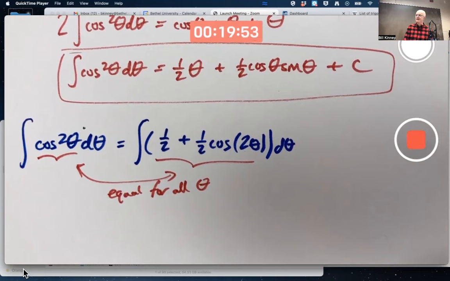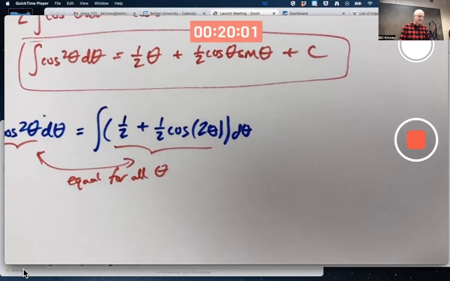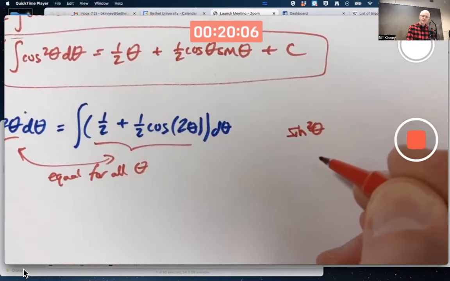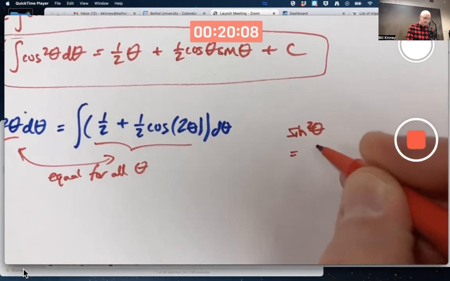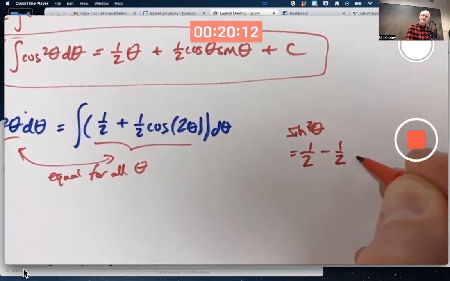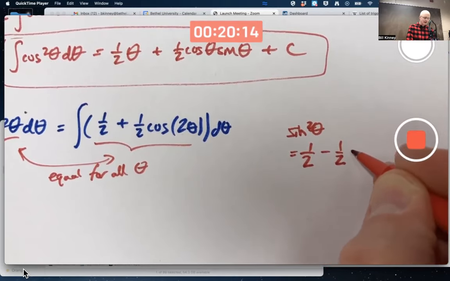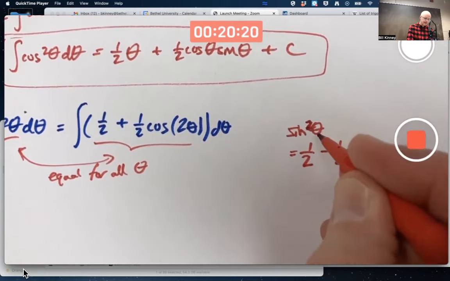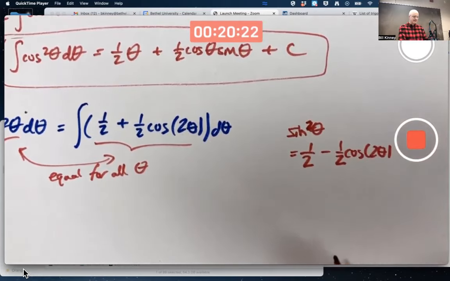Probably you don't remember it, but I'm saying it's worthwhile to try to remember this in the future. On your homework, you'll use a similar identity that sine squared theta is always equal to 1/2 minus 1/2, not sine 2 theta, but cos 2 theta. How can that be? Well, I'm not proving these, so you're just trusting me. That's a 2 there.